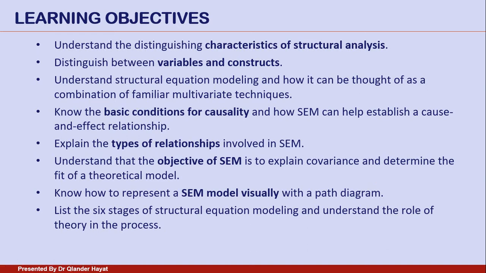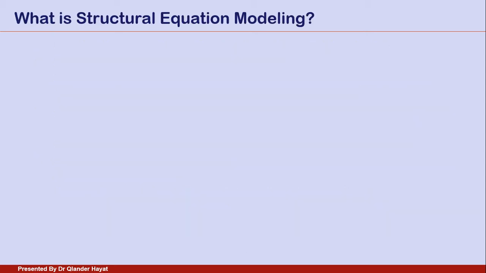Moreover, you will know how to represent a SEM model visually with a path diagram, and you will learn and list the 6 stages of structural equation modeling and understand the role of theory in the process.